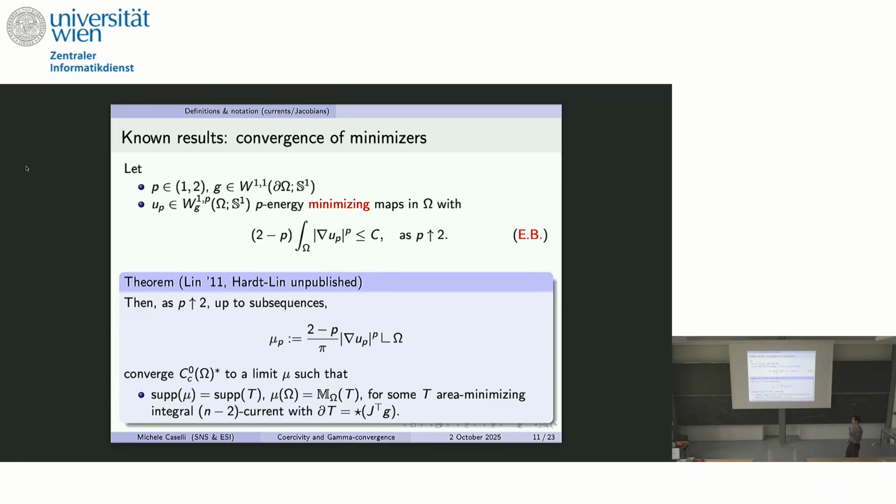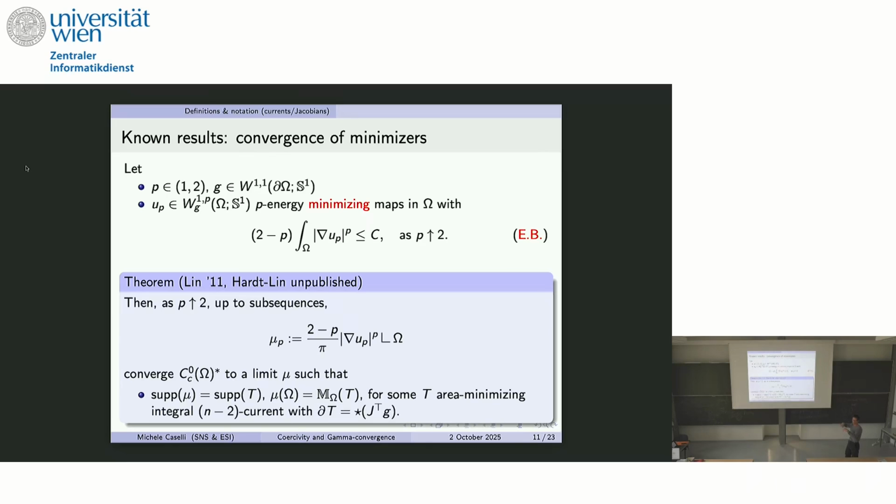Now again, here there is a catch. I think the result as stated in Lin's paper is slightly imprecise because it's not true that T minimizes the area among all integral n-2 currents with this condition. But at the end, I will speak about why. By the way, I'm sure that in the proof, this is what they obtain.